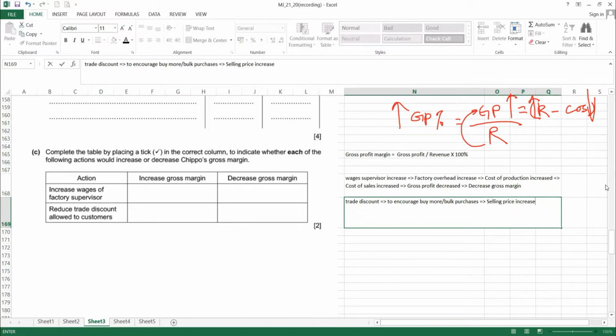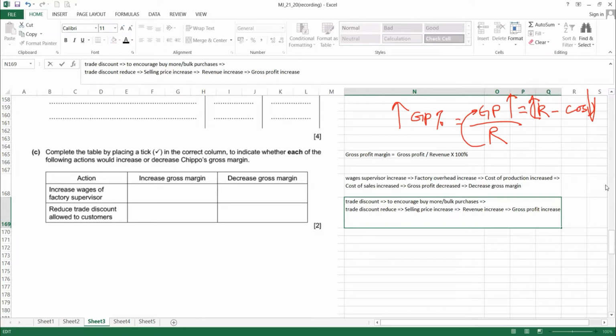Okay, trade discount is directly deducted from the selling price. Selling price will increase when the trade discount reduces. Selling price increases, revenue increases. When revenue increases, gross profit increases.